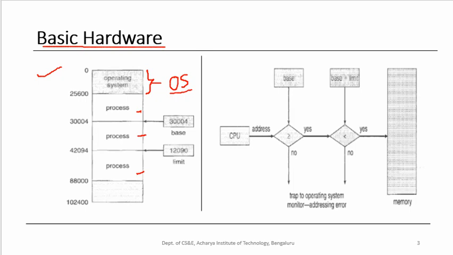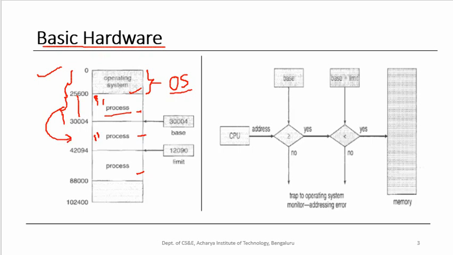And we know that once the user processes and operating systems are loaded into the memory, this becomes the address space of operating system, and this becomes the address space of this process. If it is process P1, this is going to be the address space of process P1. And you know that when process P1 is executing, it is not supposed to touch the address space of other processes.